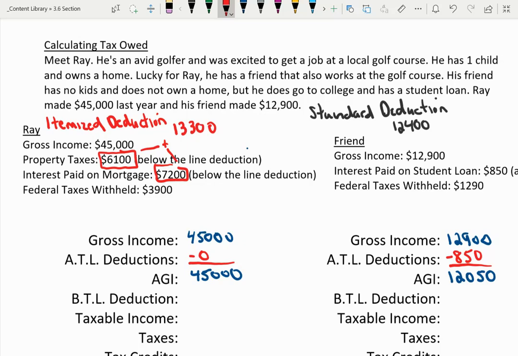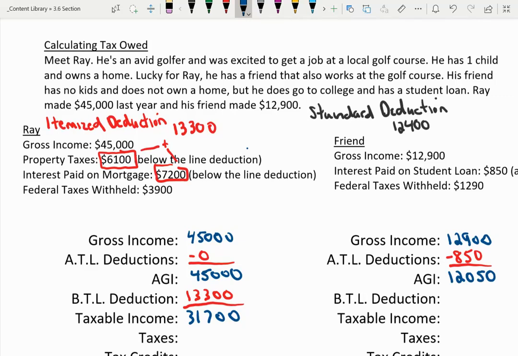Remember, you want to take away more money from your reported income. So once you subtract it like that, then Ray's taxable income will end up being $31,700. Okay, so he lowered how much he gets taxed on it. He used to get taxed on 45,000, but with his itemized deduction, now he can only be taxed on 31,700.